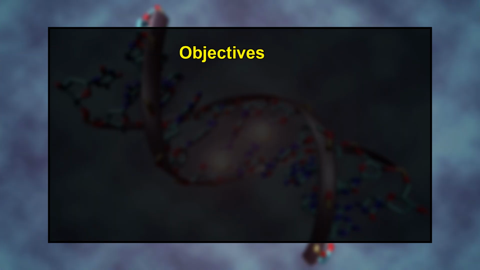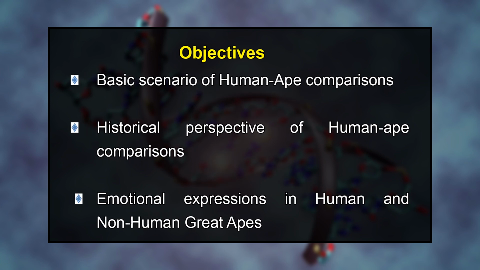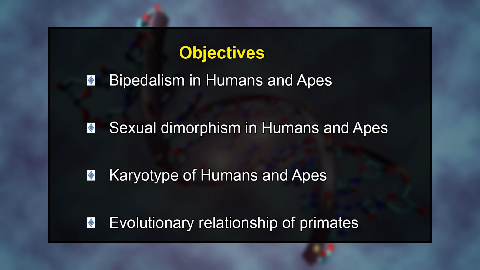The main objectives of today's lecture are to understand the basic scenario of human ape comparisons, to know the historical perspective of human ape comparisons, to discuss the emotional expression in human and non-human great apes, to discuss the bipedalism in humans and apes, to understand the sexual dimorphism in humans and apes, to discuss the karyotype of humans and apes, and finally to know the evolutionary relationship of primates.